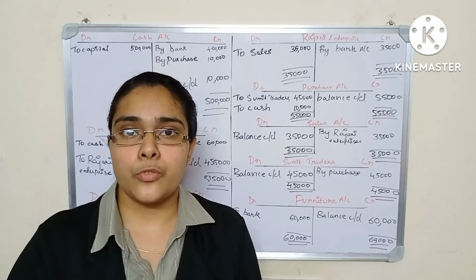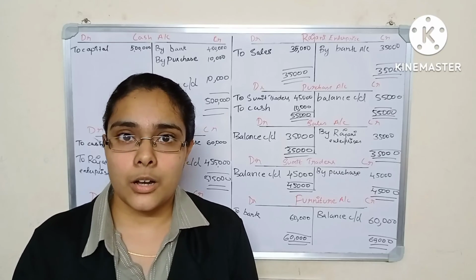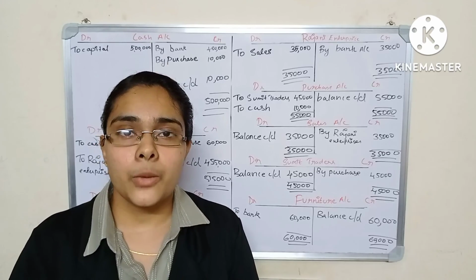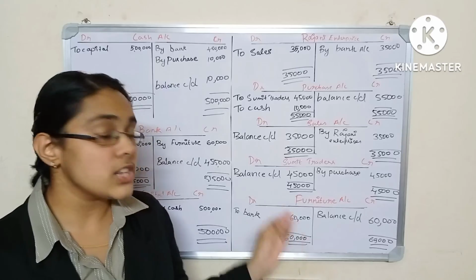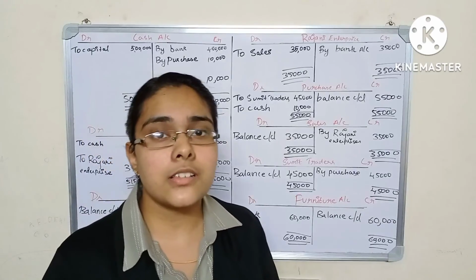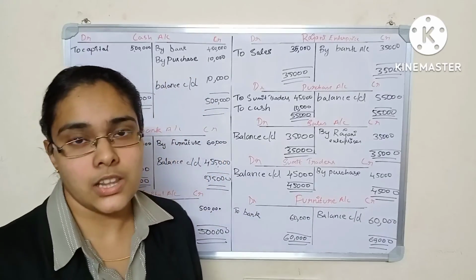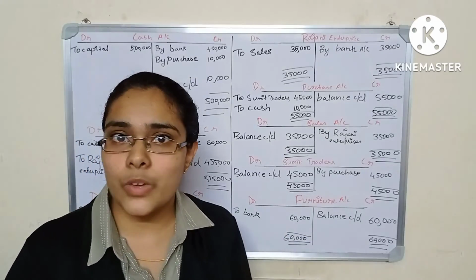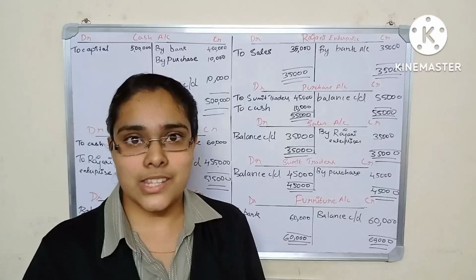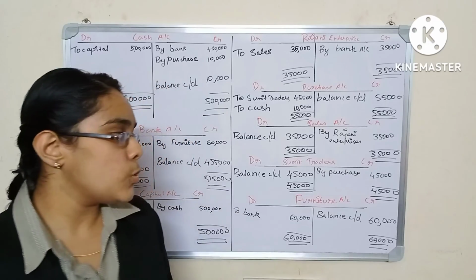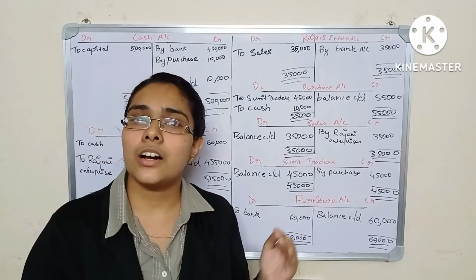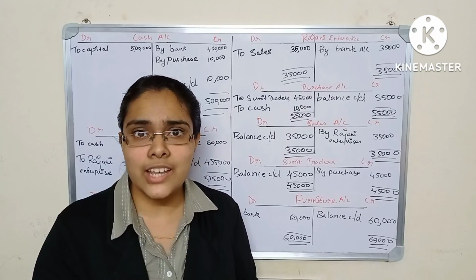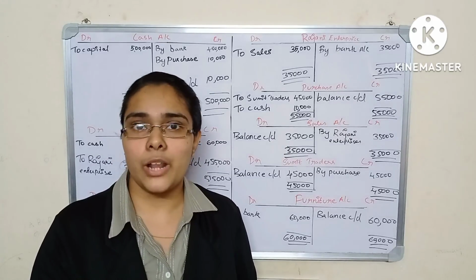It is very useful for future accounting chapters. Please learn this carefully, and be very careful because students make mistakes while posting. They will post the entry on the wrong side, so ultimately their balances will go wrong. You must be very careful with that. But this is very easy. You only have to concentrate a bit while posting.